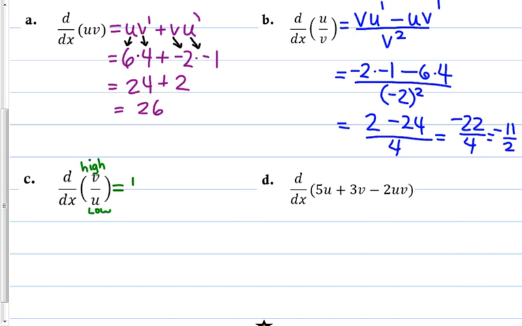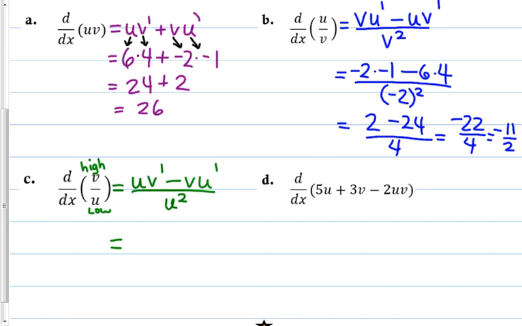It's low times the derivative of the high minus the high times the derivative of the low, over the low times low. It looks different because they switched the letters on us, but the formula stays the same.